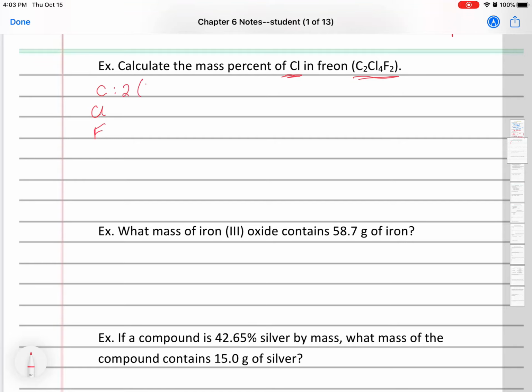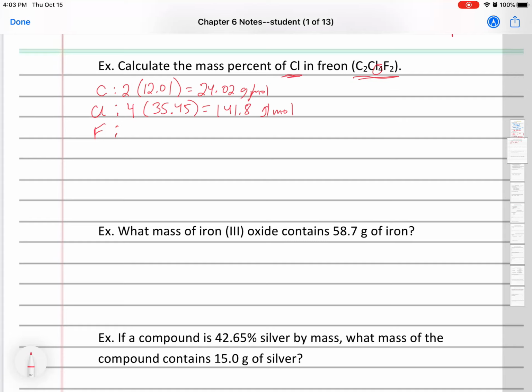There's 2 carbons, and carbon's atomic mass is 12.01, for a total mass of carbon of 24.02 grams per mole. Chlorine, there's 4 in this molecular formula. So 4 times 35.45 grams is 141.8 grams per mole.